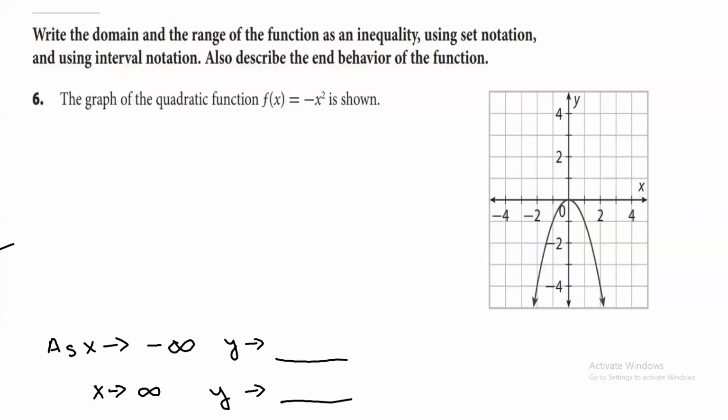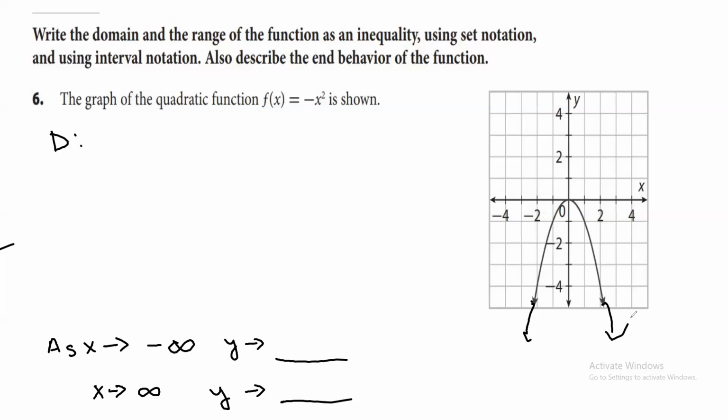All right, so in this case here, write the domain and range. Your domain is all possible x values, right? Since these guys have arrows, they will go on forever, correct?